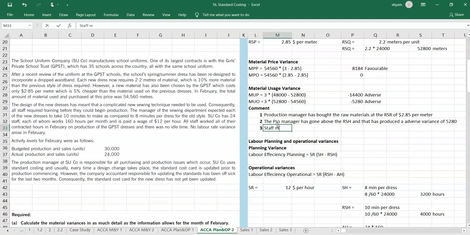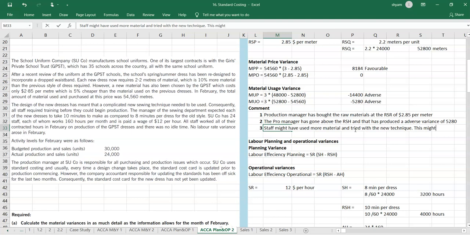Staff might have used more material and tried with the new technique.